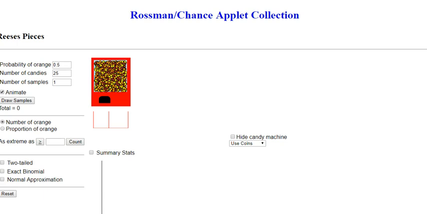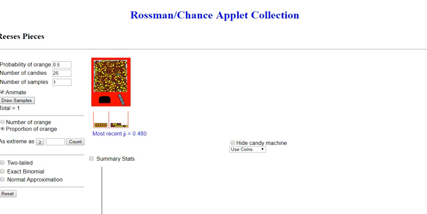So what I'm going to do is, it says number 1, click on it, which you did, and it says proportion of orange. So I'm going to change that here. And it says on number 3, click draw, on number 2, draw samples. So there we go. It's getting oranges and other colors out, and it was at 0.48. Probability is 0.5. So was that pretty close?